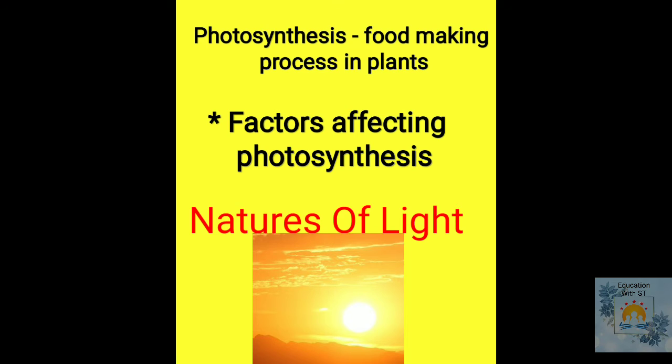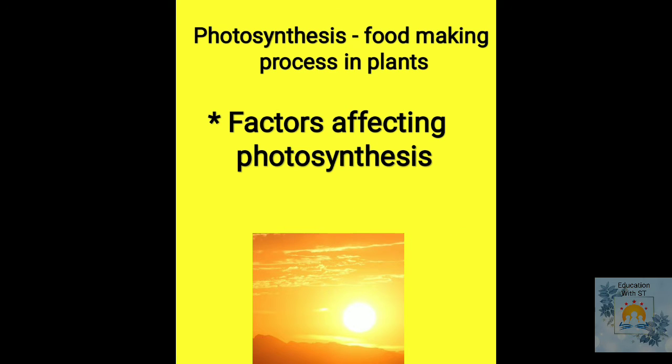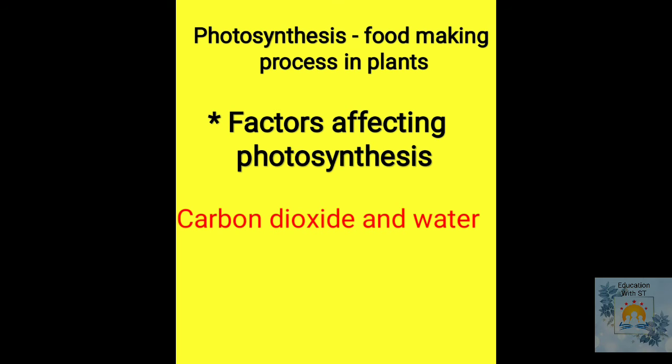The blue and red regions of the visible light are most effective for photosynthesis. If light of some other color is made to fall on the plants, then the rate of photosynthesis decreases. Carbon dioxide and water. Poor availability of carbon dioxide and water lowers the extent or rate of photosynthesis.